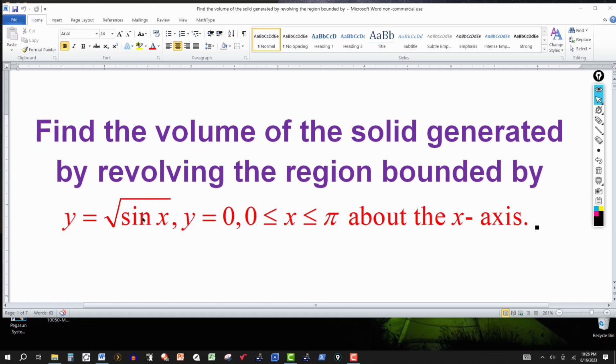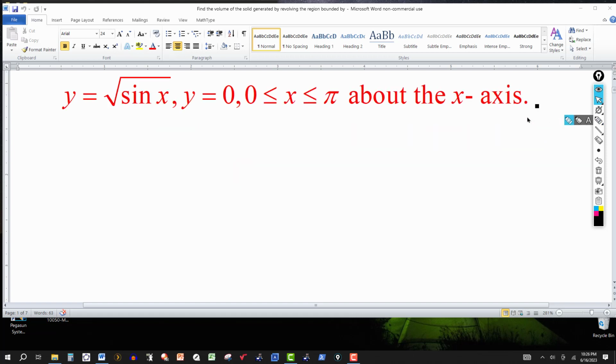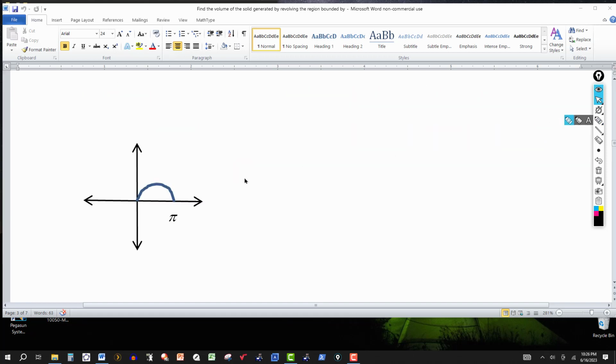If I replace the x by pi, the sine of pi will be 0, the square root of 0 is 0. For any values in between 0 and pi, the sine is positive, and the square root of a positive will give me a positive. So this graph is going to be above the x-axis, and you have something that will look like this. So the region we're rotating is right here.